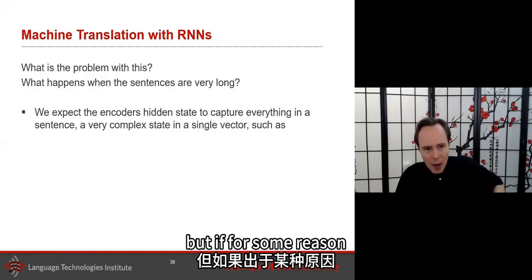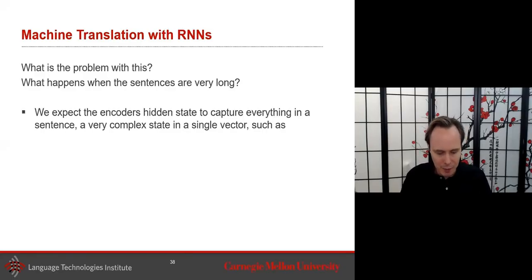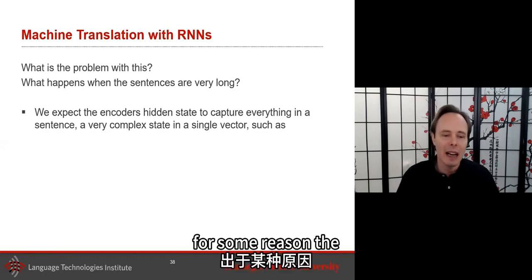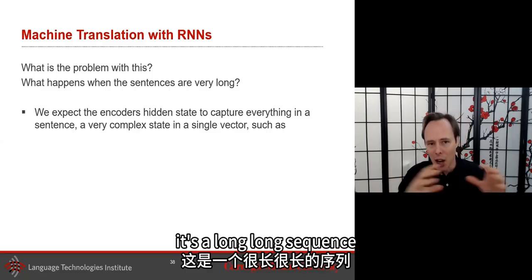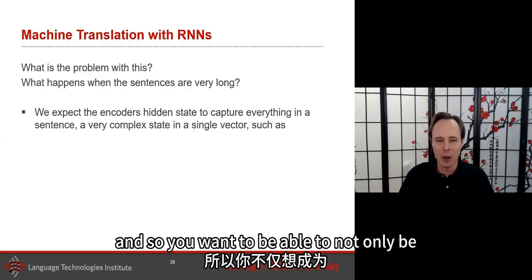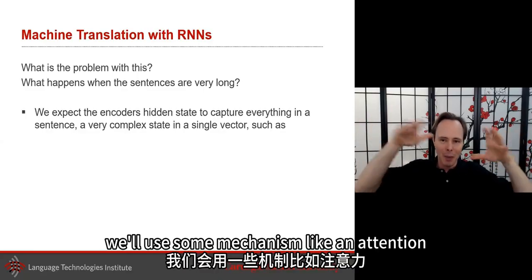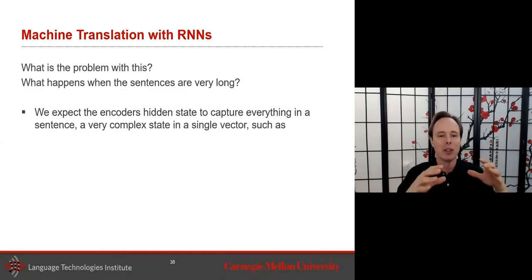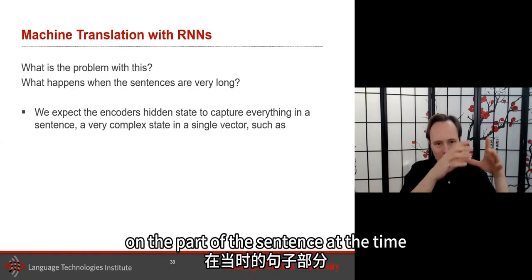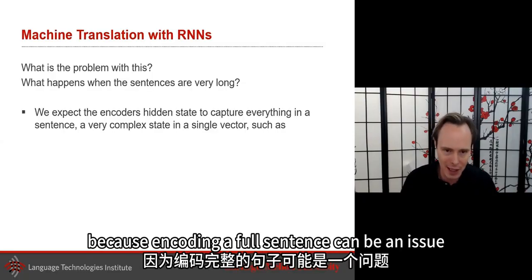But if it's a long sequence, you want to not only encode everything, but maybe use some mechanism like attention to focus on a part of the sentence at a time, because encoding a full sentence can be an issue.